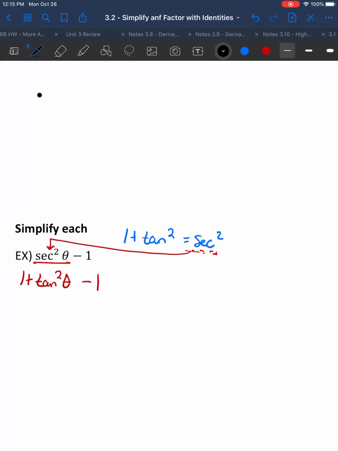Now look, I have a 1 and a negative 1, which means they cancel, leaving me with tangent squared. I have no fractions in my answer, and I got rid of the subtraction, so I'm done.